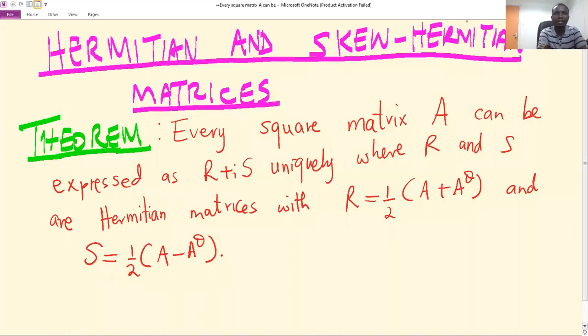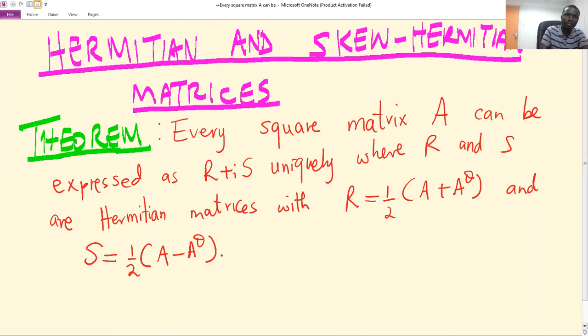Welcome to this session. In this session, we are going to discuss Hermitian and skew Hermitian matrices. There's a theorem which relates to any given square matrix A. It can always be expressed in the form R plus iS, where R and S are Hermitian matrices, and R is given by half into A plus A power theta, and S is given by half into A minus A power theta.